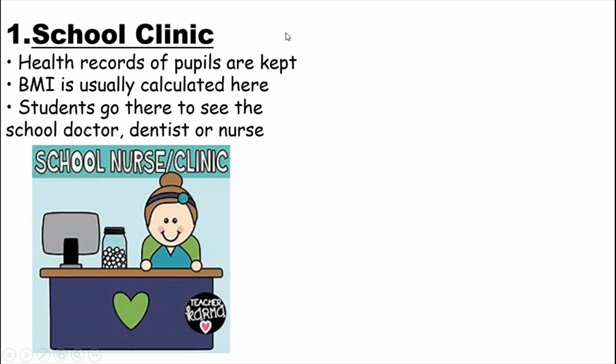Dito po yung health records of pupils are kept. Dito po lahat ng mga estudyante, the school nurse should have health records in our school clinic. Kasi dito, BMI is usually calculated. When we say BMI, it's weight over the height in meters squared. So kailangan nating i-compute yung BMI.